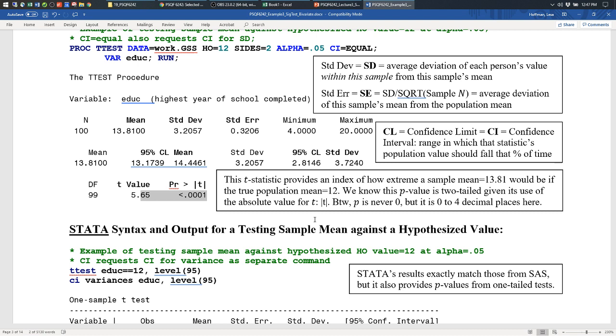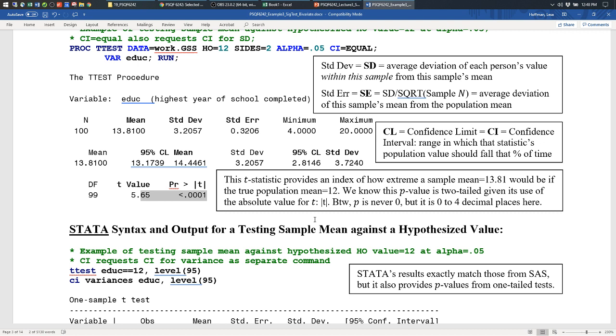Do you remember the percent of time that goes with standard deviations? It's like 67% are within plus or minus 1 standard deviation, and then 95% is plus or minus 2, 99% is plus or minus 3. So 5 is way out here. 5 point something.